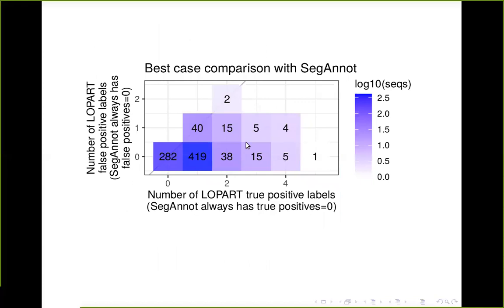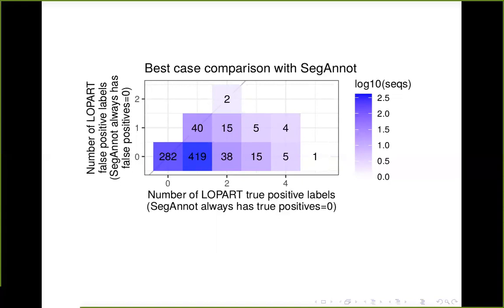We did the same kind of analysis with SegAnnot, but here we're dividing it into true positives and false positives. The reason we do that is because both the SegAnnot and LOPART algorithms always get the number of errors in the train set equal to 0.